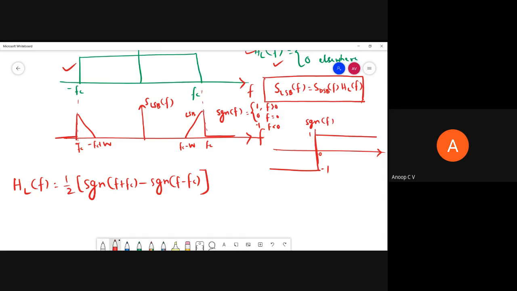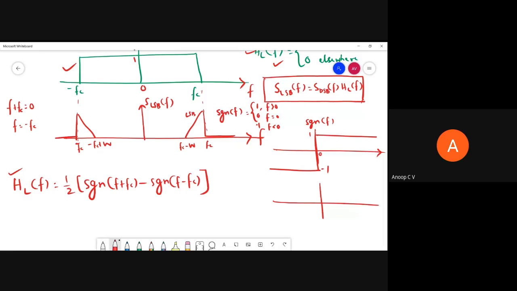So now what I need to obtain is a characteristic like this: from minus FC to plus FC it should be equal to 1, and it should be 0 elsewhere. I've told you we can obtain it like this, so let's verify. What will be signum of F plus FC? This is signum of F. F plus FC equals 0 when F is equal to minus FC.